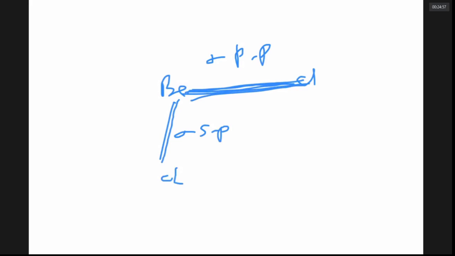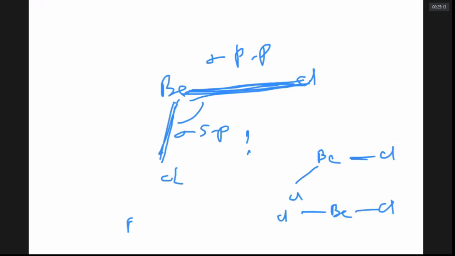What must be the Cl-Be-Cl bond angle? Notice that the second bond can be anywhere because it is formed by overlap of the s orbital with p.